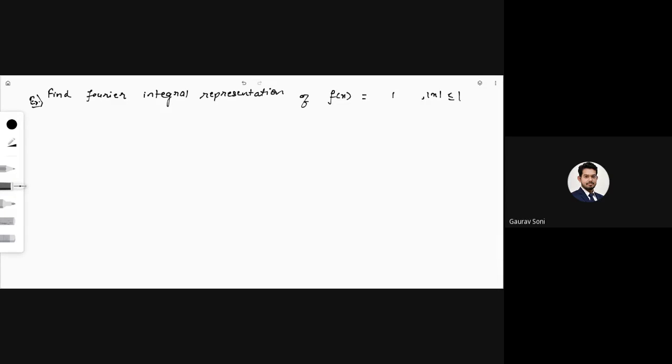Find the Fourier integral representation of f of x equal to 1 for mod x less than or equal to 1, and equal to 0 for mod x greater than 1.